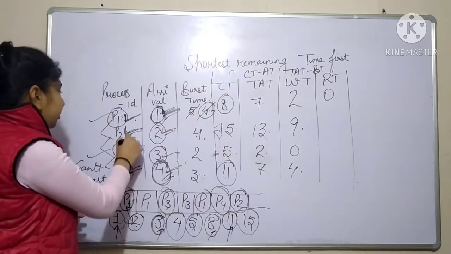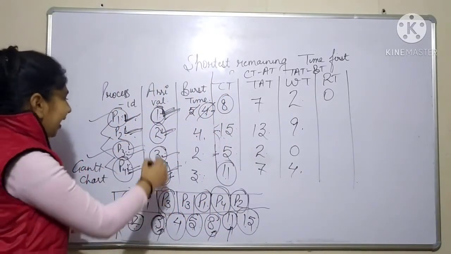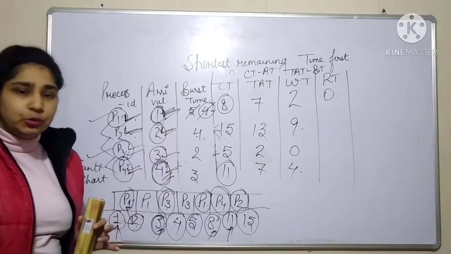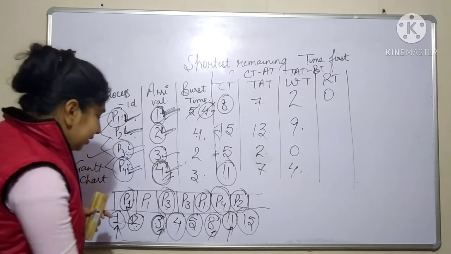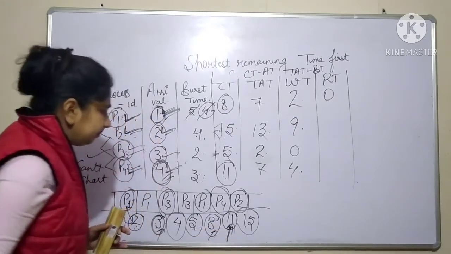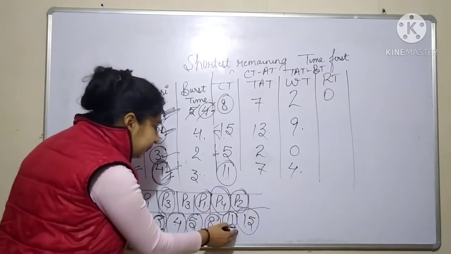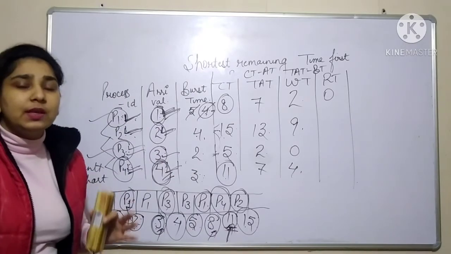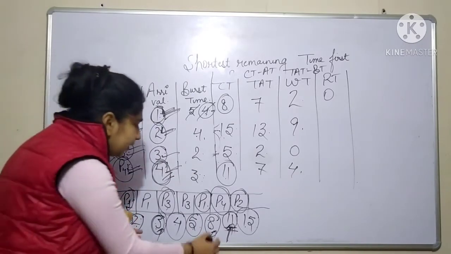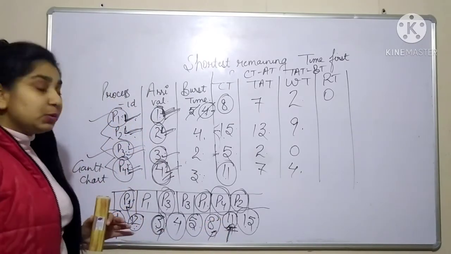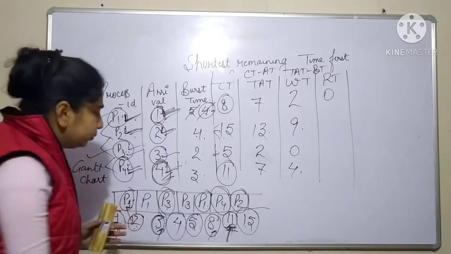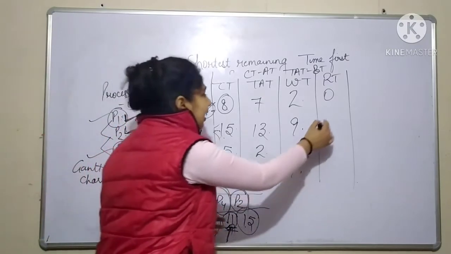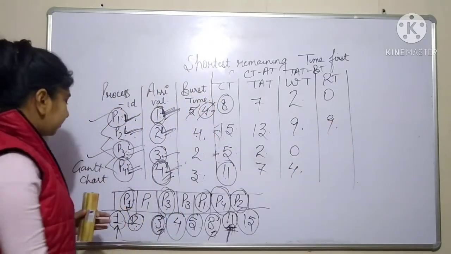Process P2 arrives in the main memory at 2 and was given the CPU for the first time at 11. So how long did it wait to get the first response from the CPU? 11 minus 2, 9.